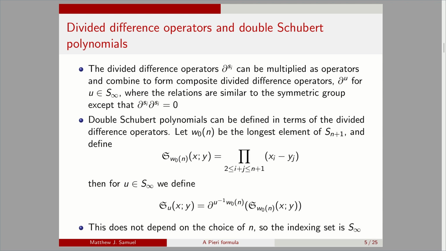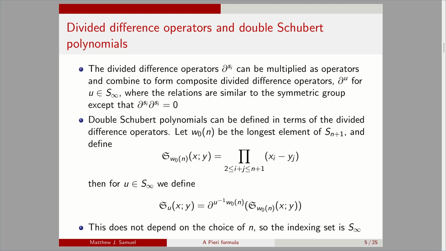So double Schubert polynomials can be defined in terms of divided difference operators. We take a specific permutation w_0^(n), the longest element of S_{n+1}, which is the reversal permutation, and we define a double Schubert polynomial S_{w_0^(n)}(x,y) to be the product, as i plus j ranges up to n plus 1, of (x_i minus y_j).